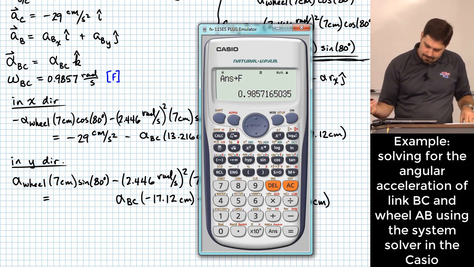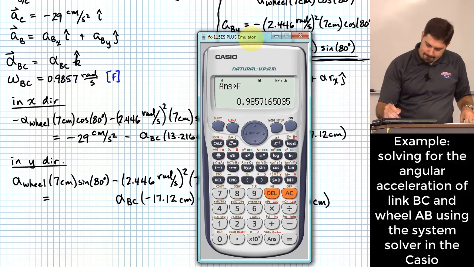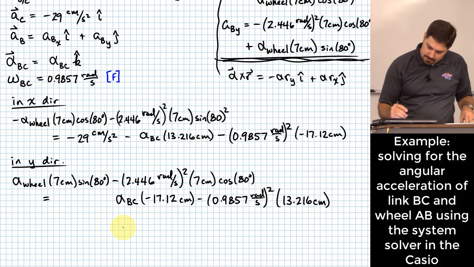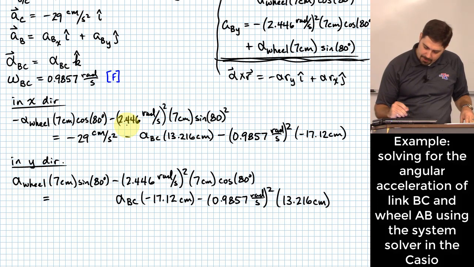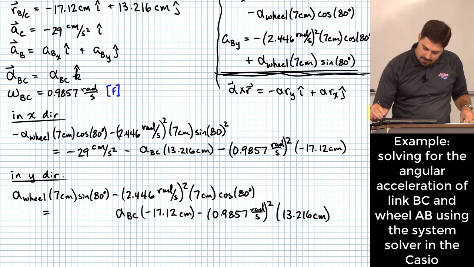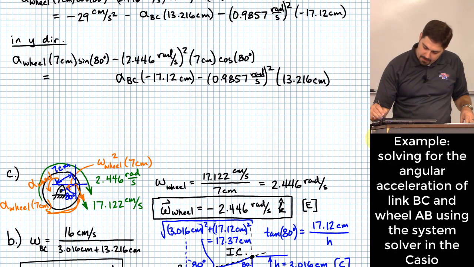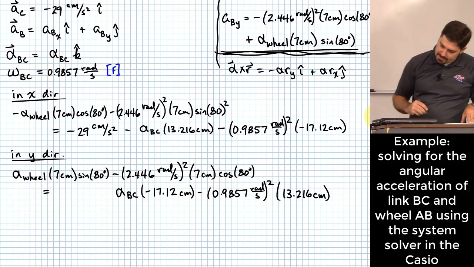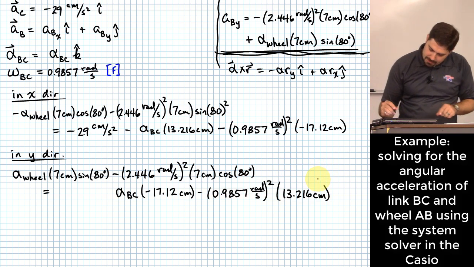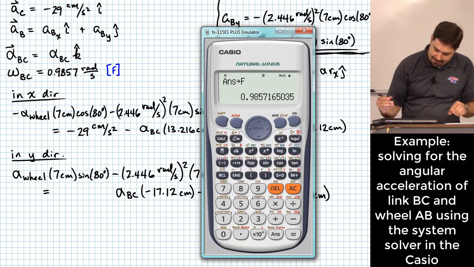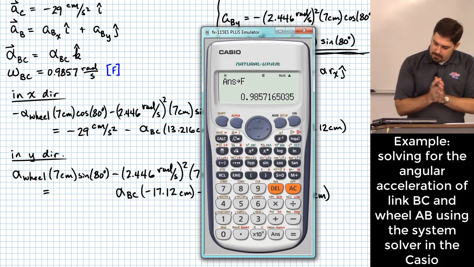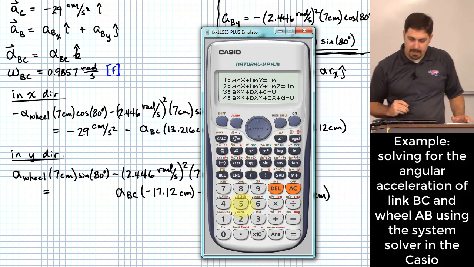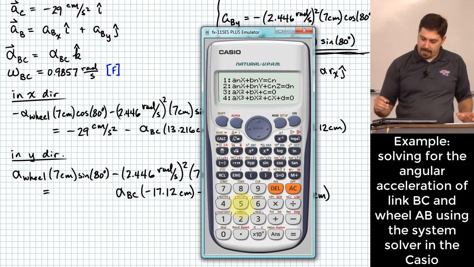So we'll do that. Let me remind myself, there's a couple of values that I need. So my 2.446, I believe I had that stored in E. I think that's probably the only one I need to refresh my memory on. All right, so mode 5, we get to the solver for a 2x2.